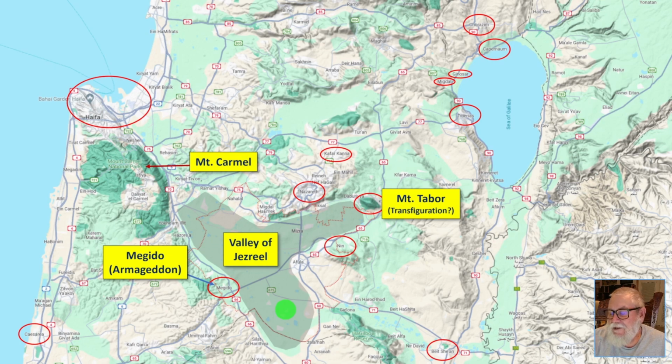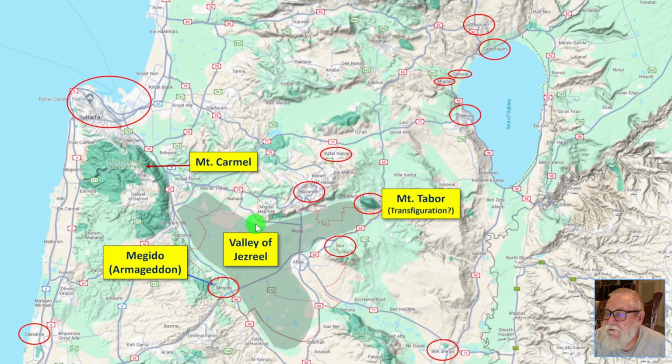So in the New Testament, in the book of Revelation, Revelation 16:16, those two Hebrew words, har and Megiddon, are combined and transliterated into Greek as Armageddon. So apparently the Valley of Jezreel hasn't yet seen the last of mortal combat.